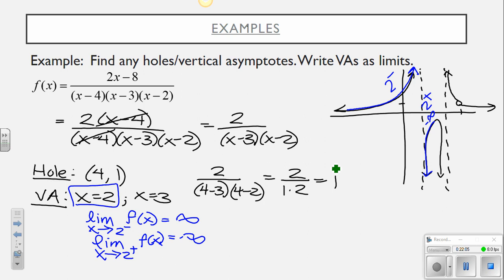The other one, as I go from 3 to the left, where does it seem like I'm going? So 3 from the left seems to be going towards what? Negative. But 3 from the right seems to be going to positive. So basically it almost switched.